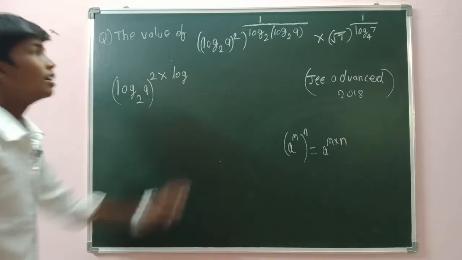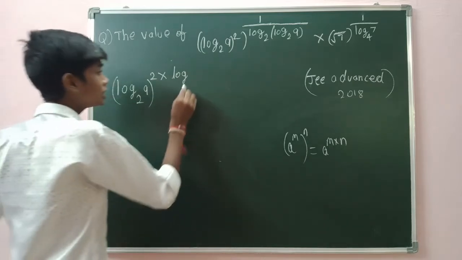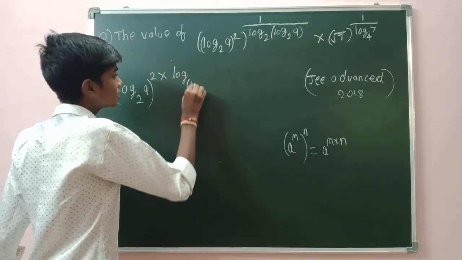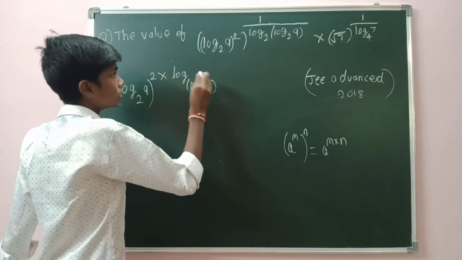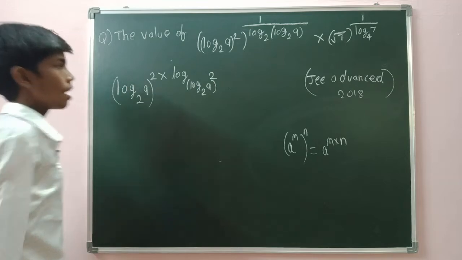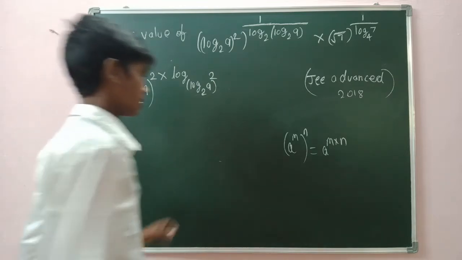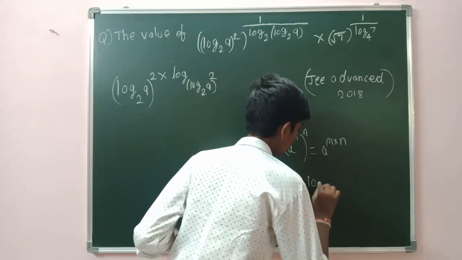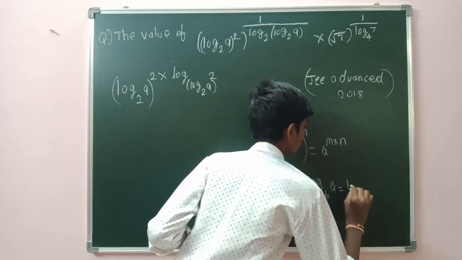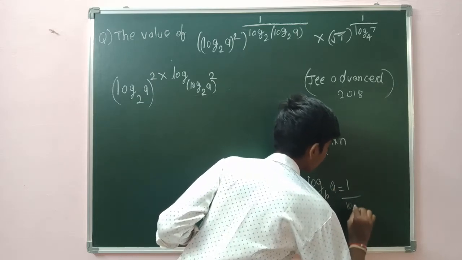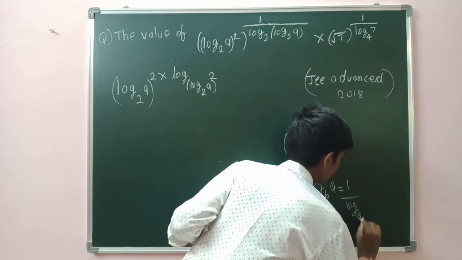I can interchange your inside value. Correct? I hope you guys know that property. And a few minutes before, I told that log to the base b of a can be written as 1 by log to the base a of b.